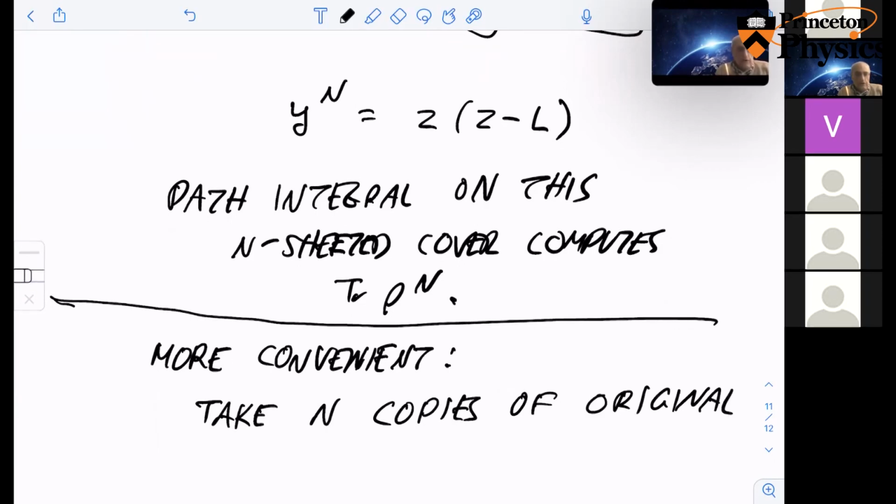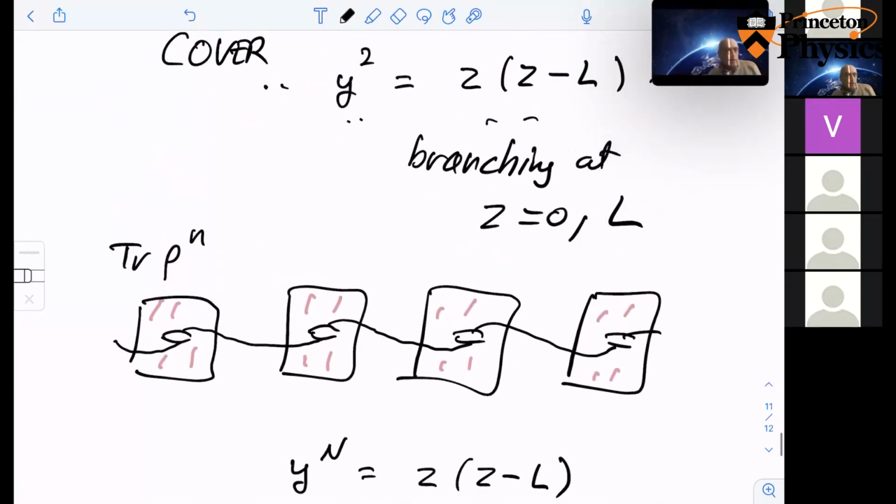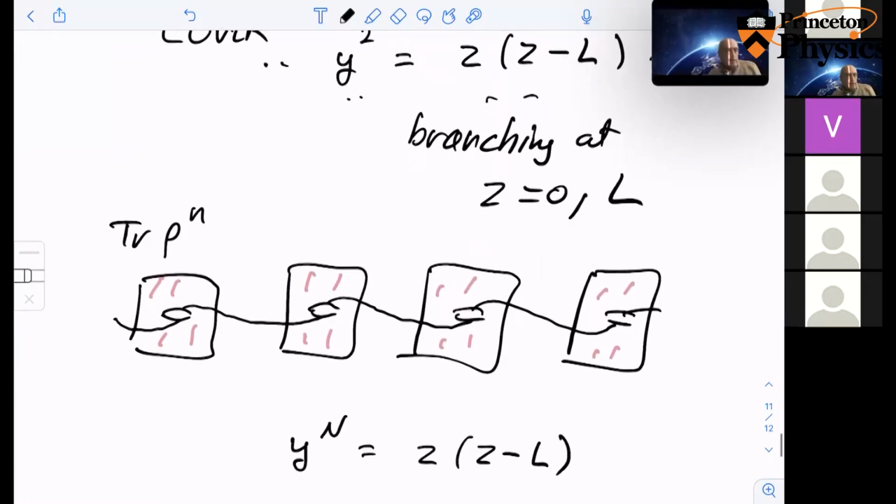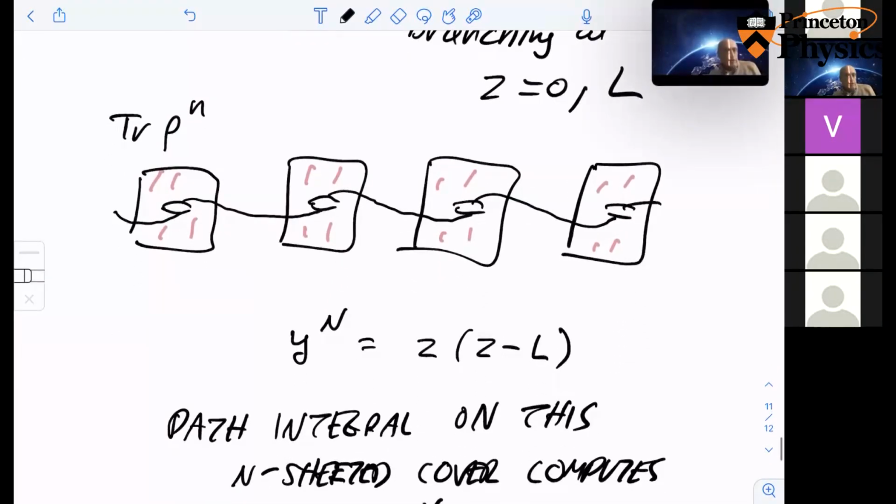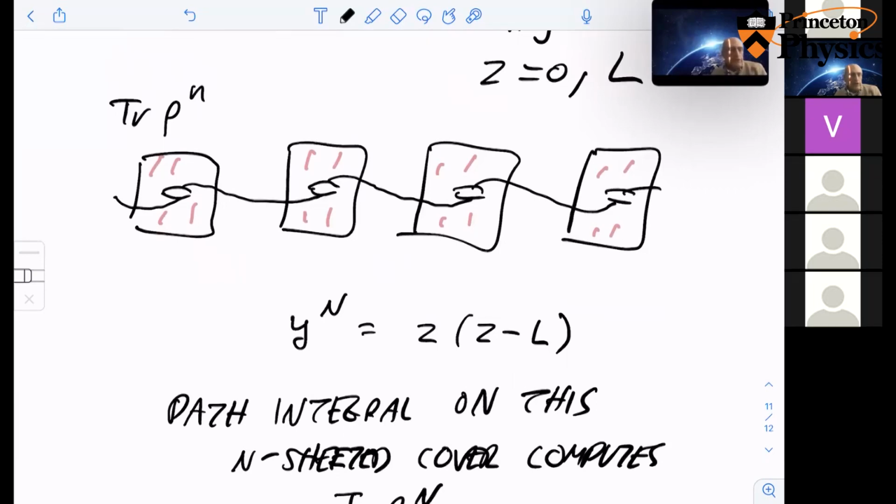By the way, everything I've said until now really wasn't special to two dimensions. A similar derivation in any dimension would tell us that trace rho to the n can be computed by a path integral on an n-sheeted cover of the original spacetime branched over the boundary of the entangling region.